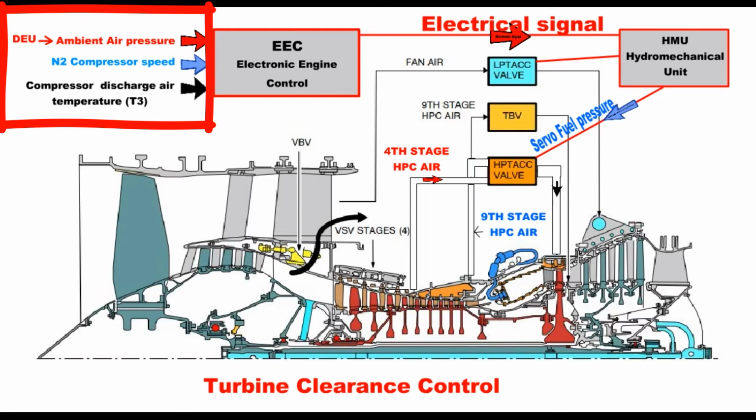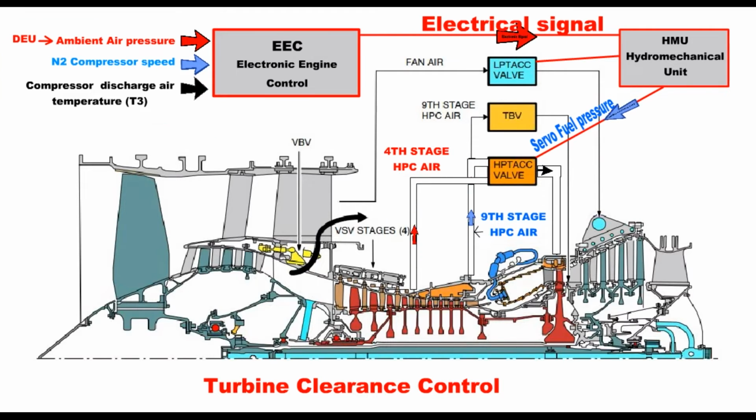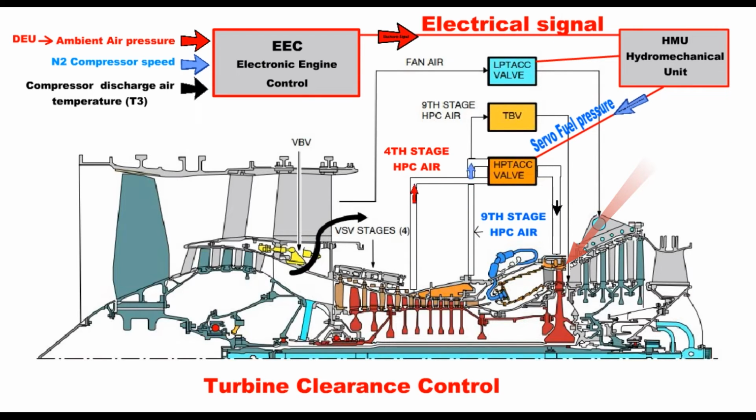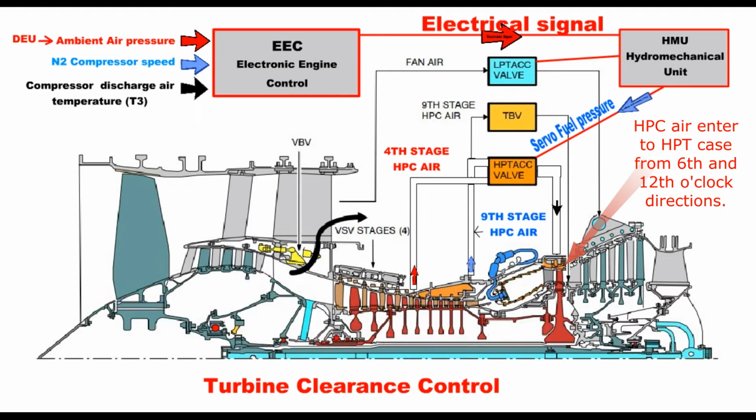From these data, the ambient pressure is taken from the DEU, display electronic unit, and other data is taken from the engine systems. There is air pressure in the compressor stages as long as the engine is running. When the high-pressure turbine active clearance control valve is opened, the compressor air enters the high-pressure turbine case from the 6 and 12 o'clock directions through the manifolds.